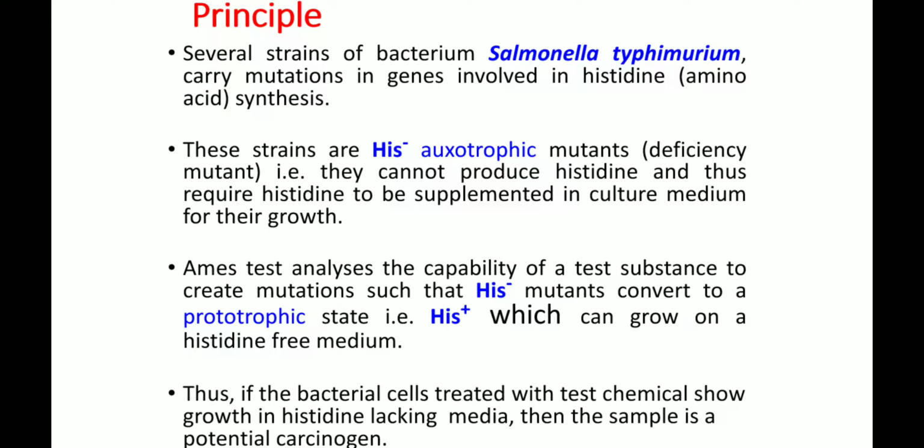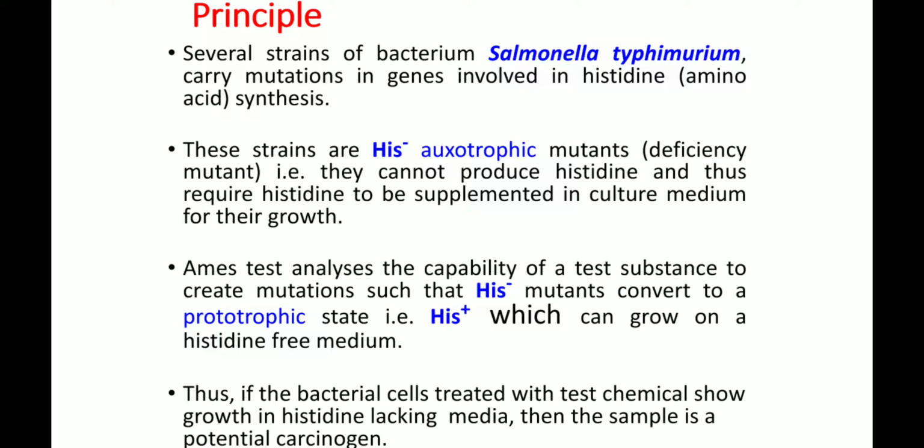So what is the principle of this Ames test? Several strains of the bacterium Salmonella typhimurium carry mutation in genes involved in histidine synthesis. I guess you have heard about the lac operon or tryptophan operon.